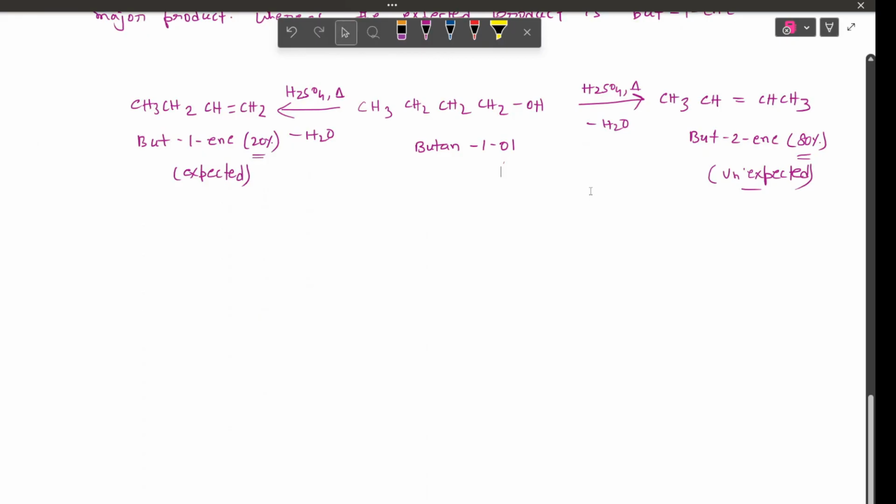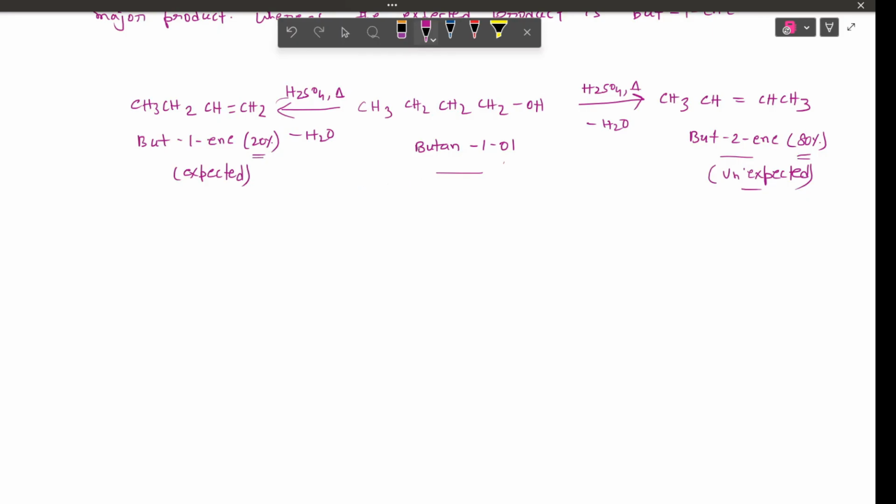If the structure permits either a 1,2 hydride shift or a 1,2 alkyl shift, let us say in this reaction, butan-1-ol on dehydration gives but-2-ene as the major product instead of but-1-ene.